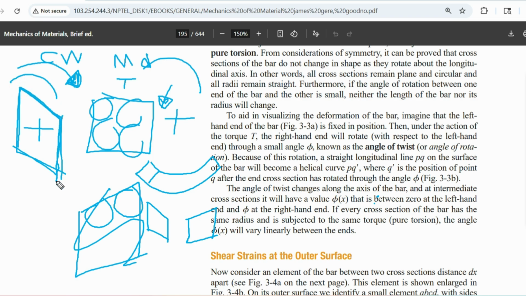But it's because one or the other gets duplicated, depending on if you're looking at the left side or the right side. This bar has a moment over here and a moment over here, and if we're calling this positive, well, this is a negative moment, thumb is going into the screen.